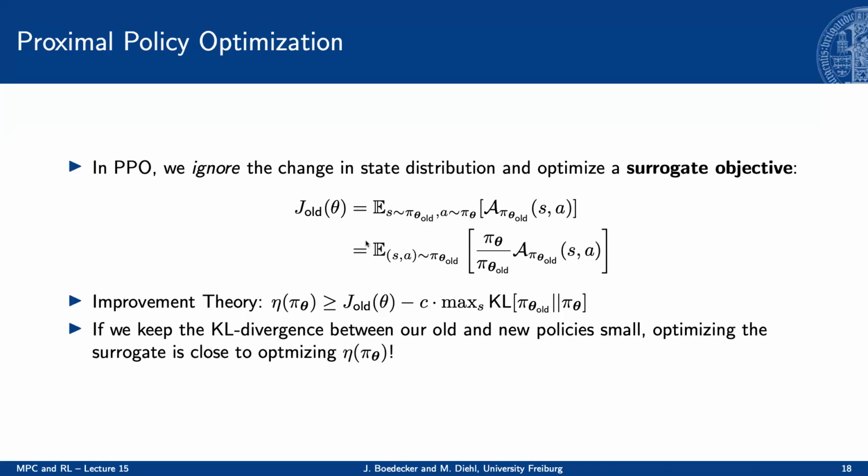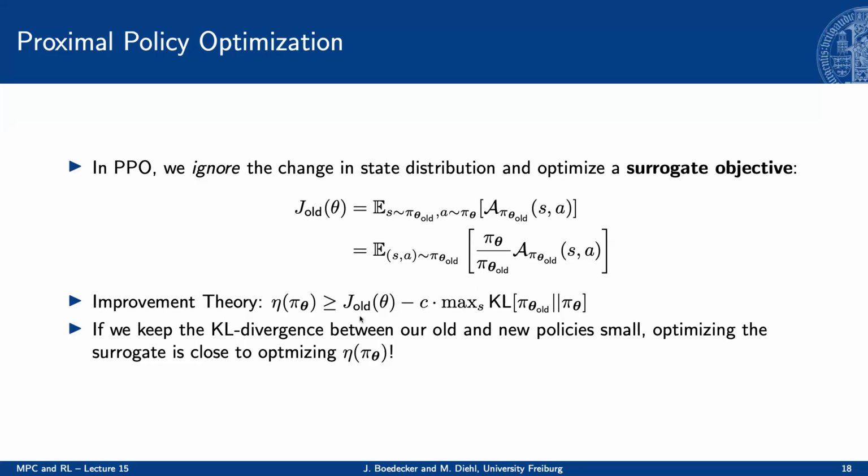And what they show in the paper is that if the difference between the old policy and the new policy is small, then they are very close to optimizing the actual objective, this eta of pi theta, because there's basically this penalty term.